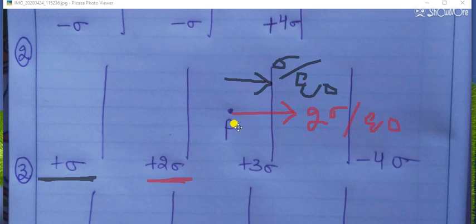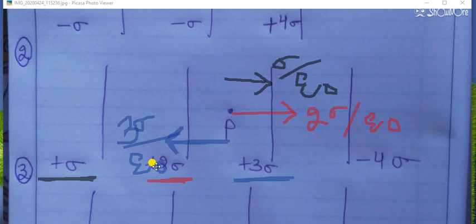Due to this plus 3 sigma, I am taking this color, and the electric field at point P will be in this direction. I hope this is clear, and its magnitude is 3 sigma by epsilon naught.